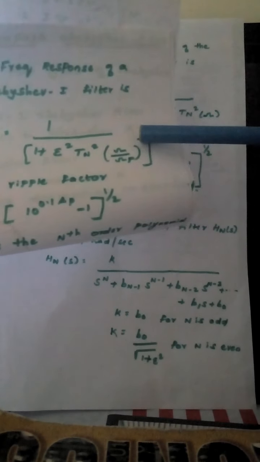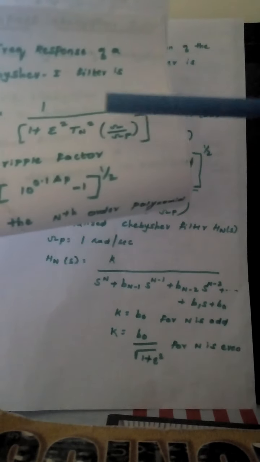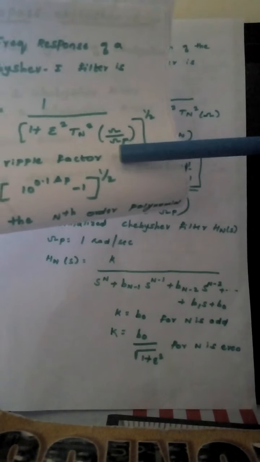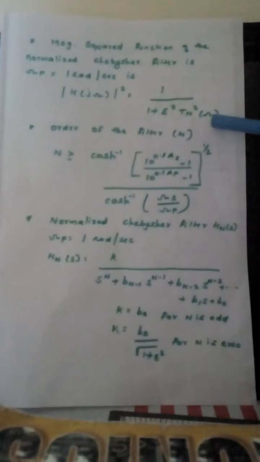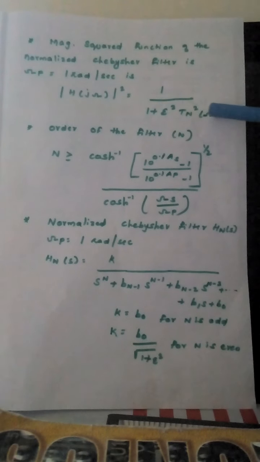In that, if you take the squaring here, the squaring and this will get cancelled, and again we are taking omega p as 1 radian per second. If you substitute omega p as 1 radian per second, we'll get this expression: 1 plus epsilon square Tn square of omega. So this is the squared magnitude of frequency response of the Chebyshev filter.